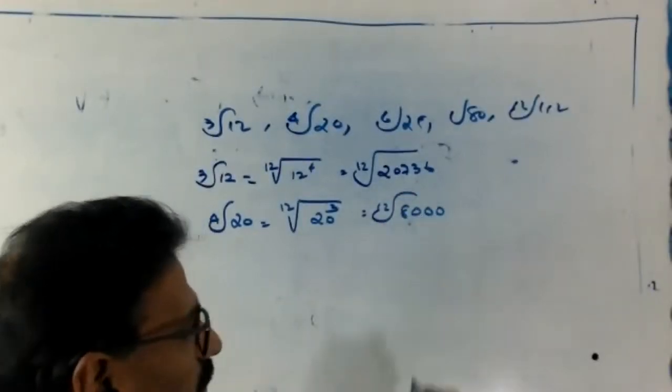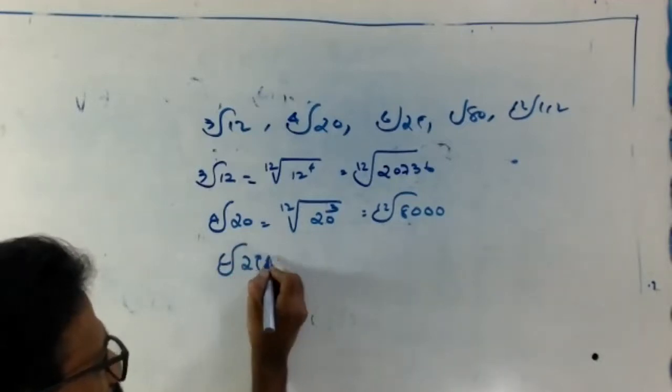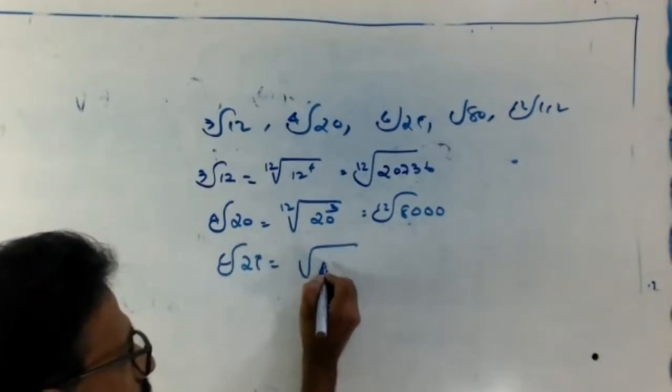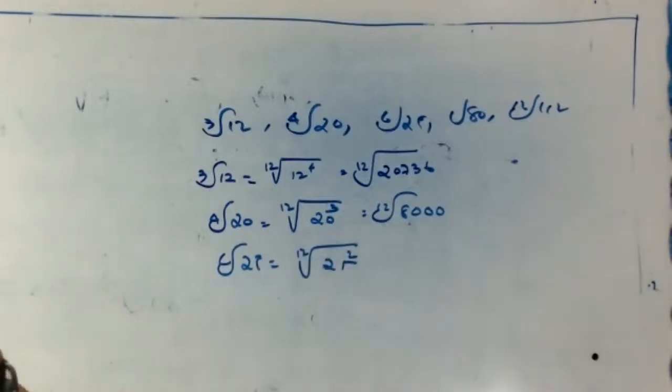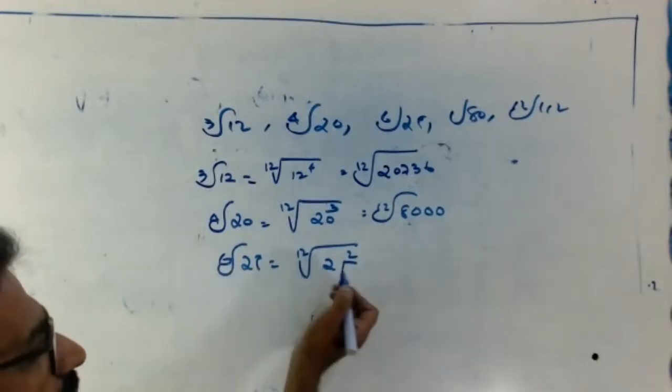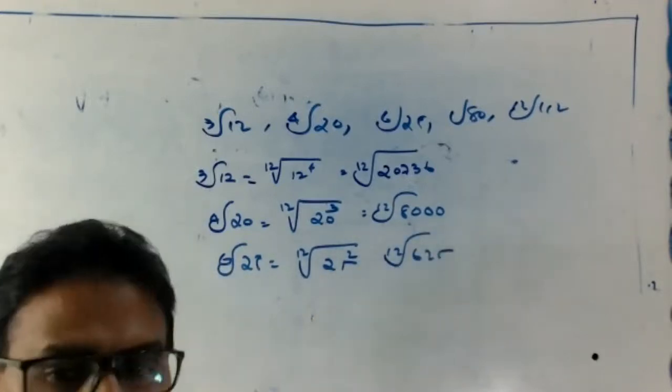Sixth root of 25: 12 divided by 6 is 2, so 25 squared, which is 625.